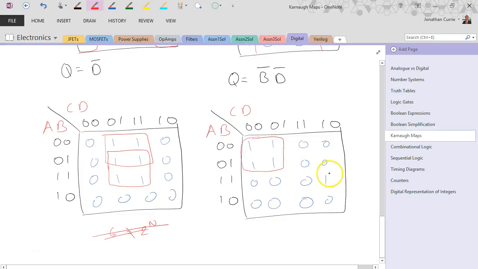Well, no. Even if there's only 1 by itself, you must include it. Never can you just leave a logic 1 by itself and not circle it. Unfortunately, it does end up making this expression more complicated.